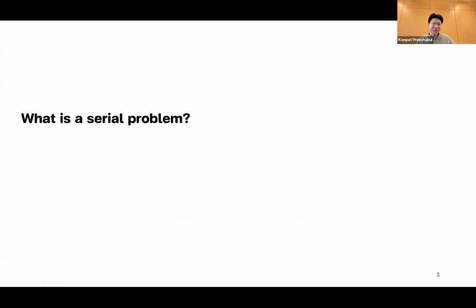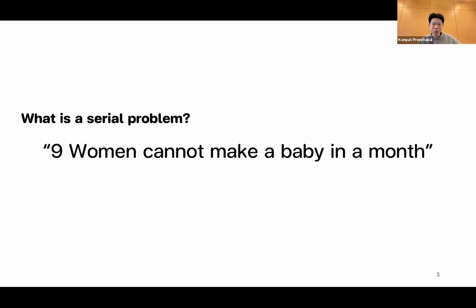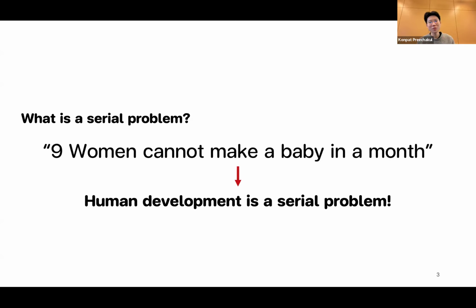All right. So what is a serial problem? Because it's super important to our thesis. There's an old wisdom that women cannot make a baby in a month. What it really meant was human development is a serial problem. It's a serial process. You cannot parallelize and get it faster, right?